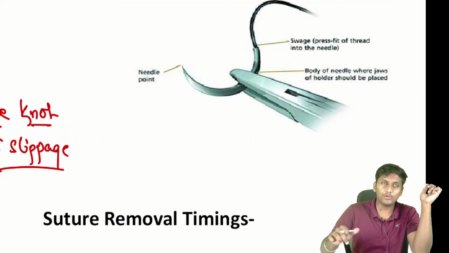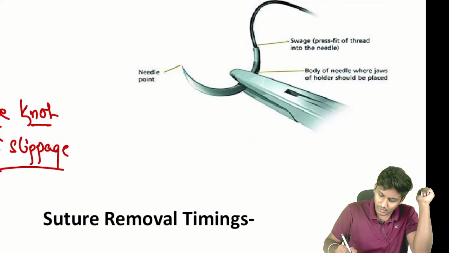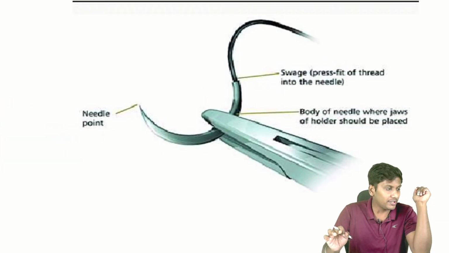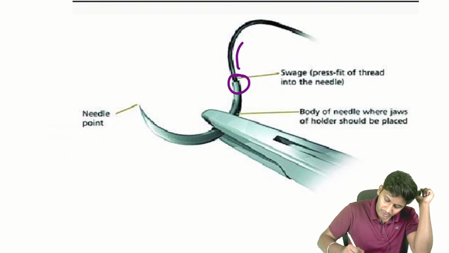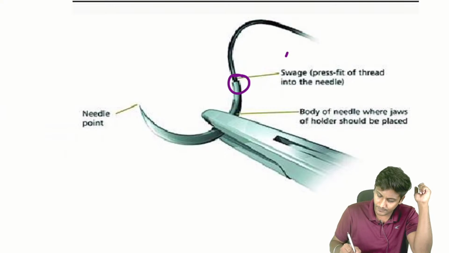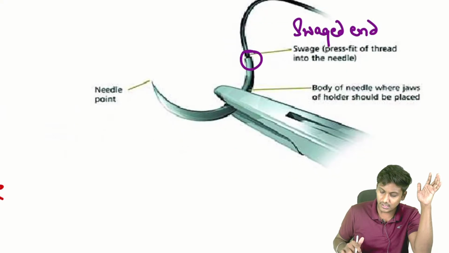Now, let's see where do we hold the needle with the help of a needle holder. Please remember, first of all, there are two ends to your needle. The end where the suture is going to be attached is called the swaged end.